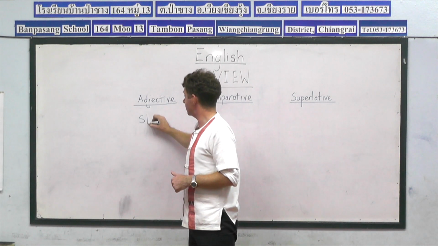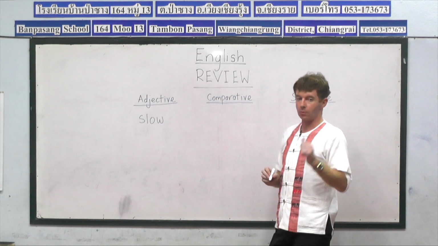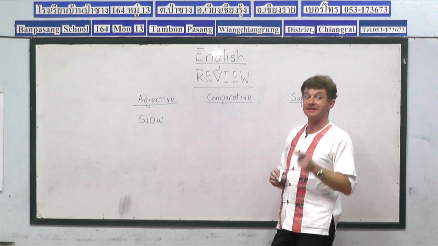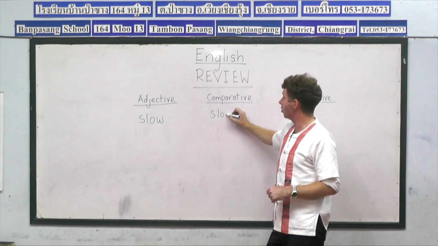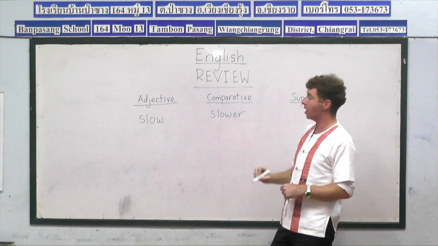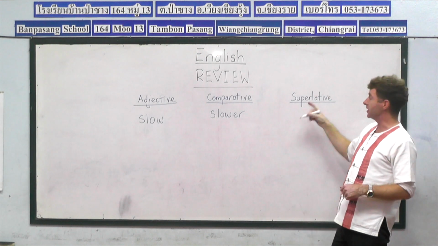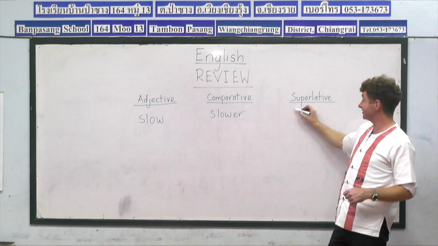Okay, so we're going to start with our first adjective. S-L-O-W. Slow. How do we turn slow into comparative? ER. Excellent, Dan. S-L-O-W-E-R. Slow, slower. But now superlative. Slowest. Excellent.